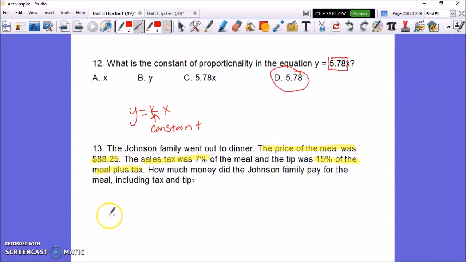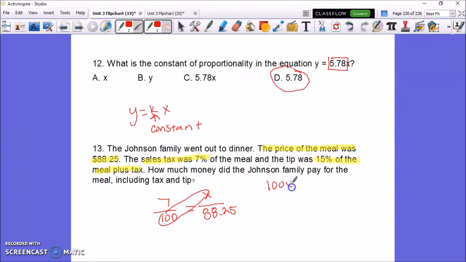So what we have to do is we need to find the amount of tax. So 7 over 100, that's our sales tax, is equal to, we don't know our new price, but our original price is $88.25. So we're going to cross multiply.